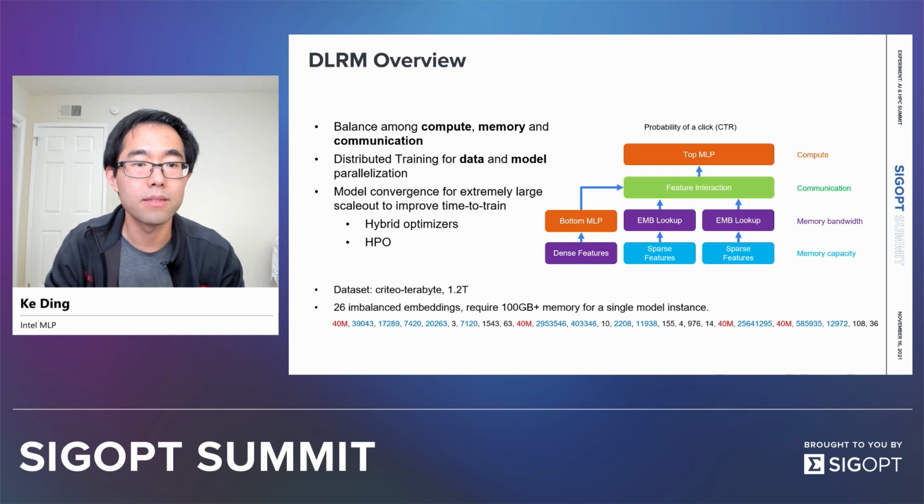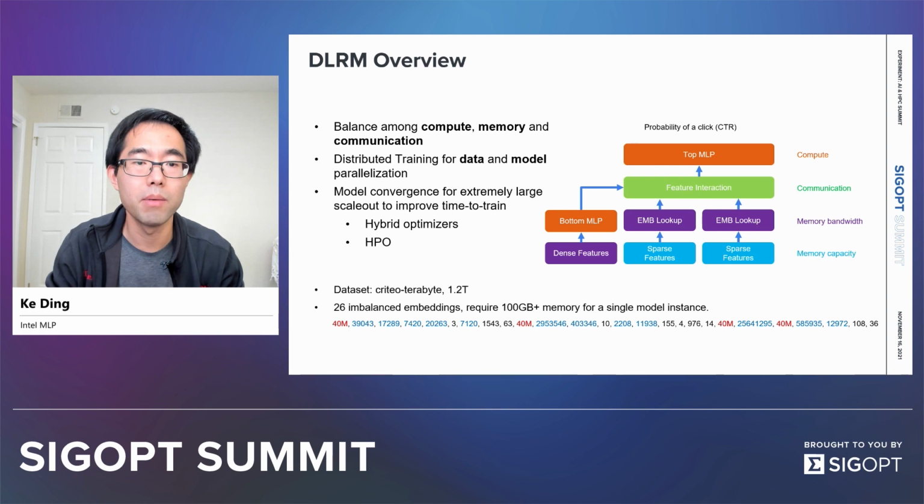The data set used for DLRM training is the 1.2 terabyte Criteo data set. Model size is huge because of the sparse layers. In total, if running it on a single instance, the required memory will be more than 100 gigabytes. On the other side, however, the 26 embedding tables are extremely imbalanced.